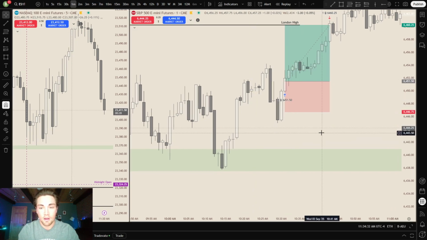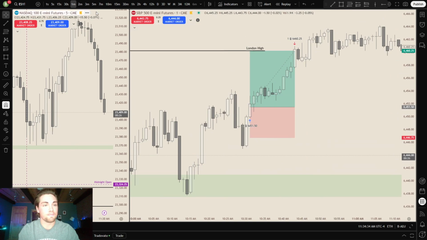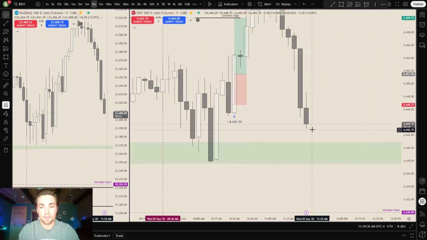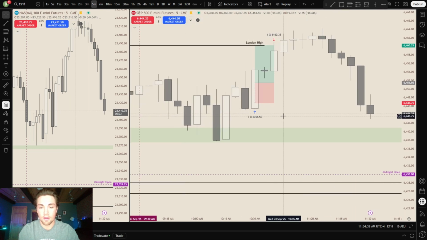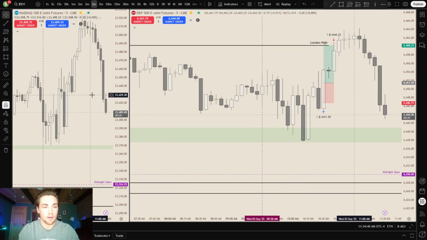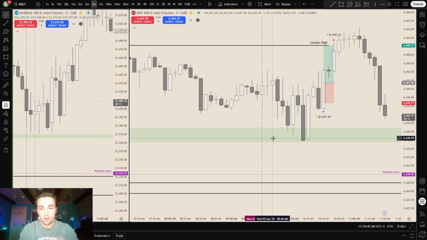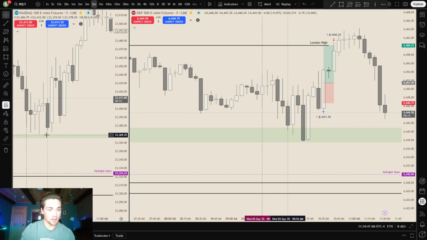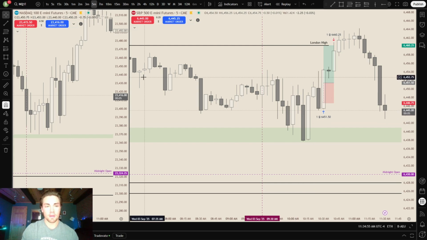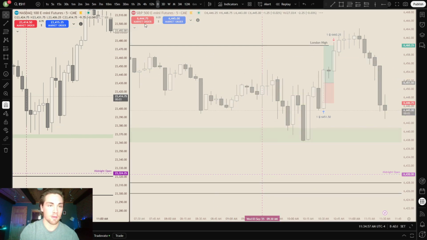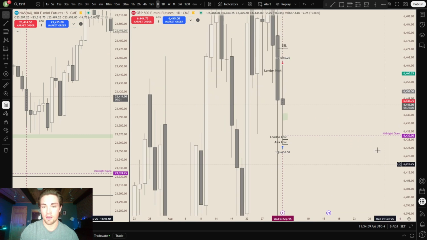So if we scale out to the 5-minute here, on both NASDAQ and the S&P 500, this green box is an hourly fair value gap. And my bias was bullish today because it's the same thing on NASDAQ, but I'll just show you on ES.